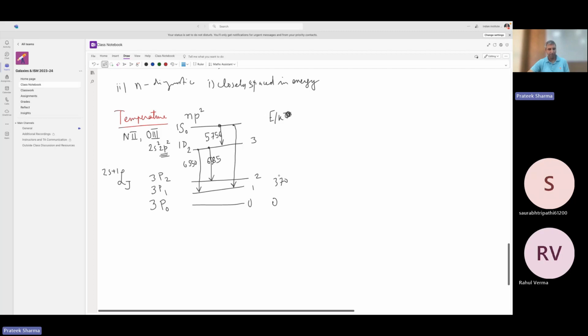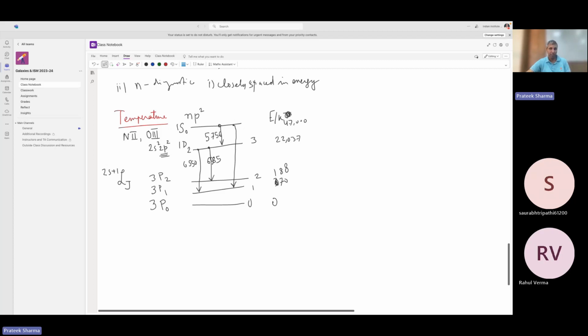So this is a distribution of energy levels with a delta E that is not very high compared to the range of temperatures that you have in an H2 region.